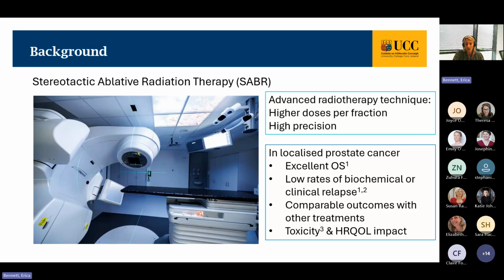It does, however, cause some toxicity. There's bladder, bowel, and sexual dysfunction side effects with SABR and radiotherapy, and this has an impact on a patient's health-related quality of life. But the magnitude of that is, I suppose, uncertain at the moment, and research shows that clinicians and healthcare professionals often underestimate the impact on health-related quality of life.